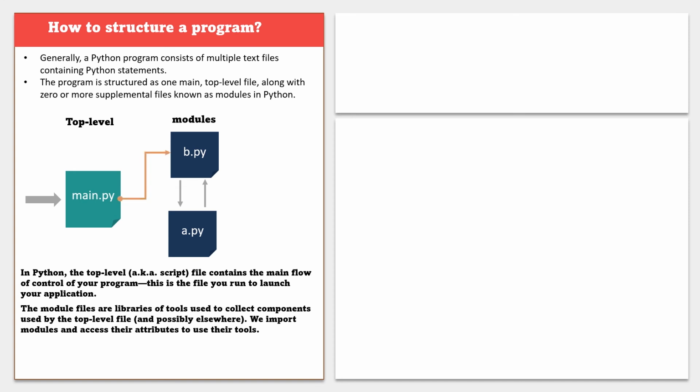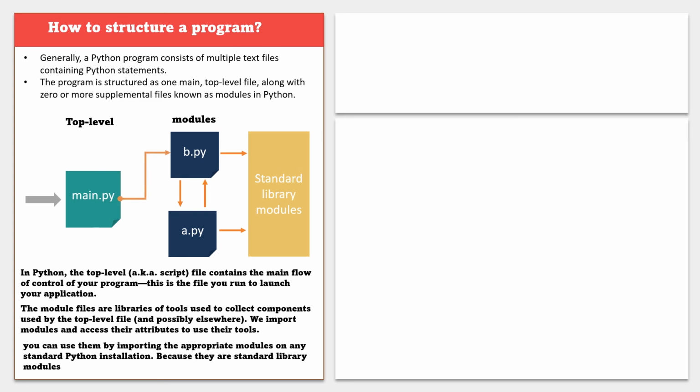Rather, they define tools intended for use in other files. In Python, a file imports a module to gain access to the tools it defines, which are known as attributes. Those are nothing but variable names attached to objects such as functions.